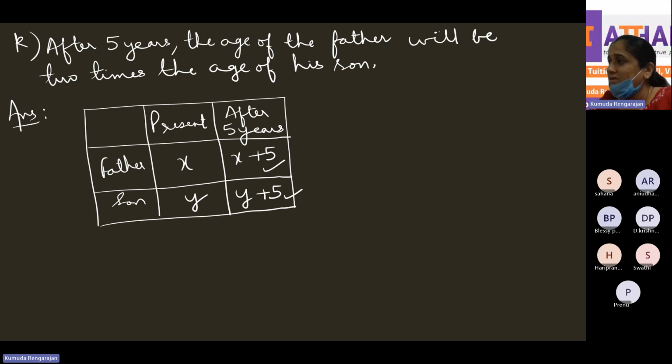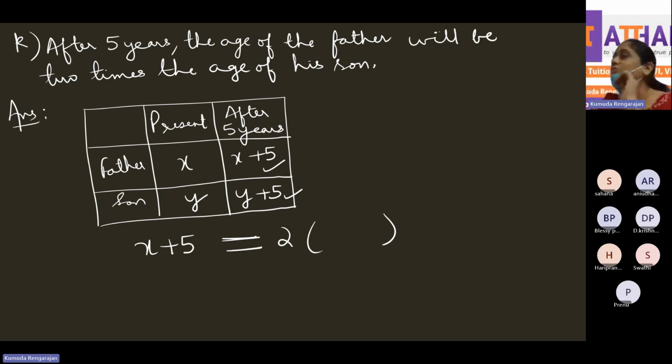So after 5 years, the age of the father will be, will be, is, was, would be, all this means equal to. The age of the father will be 2 times, meaning 2 into the age of a son.